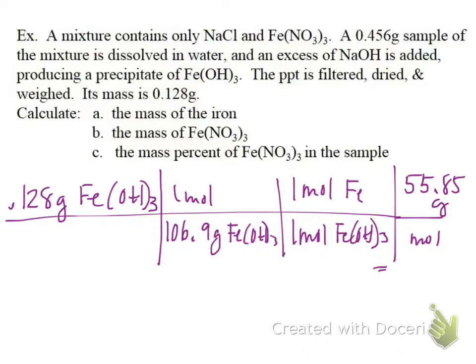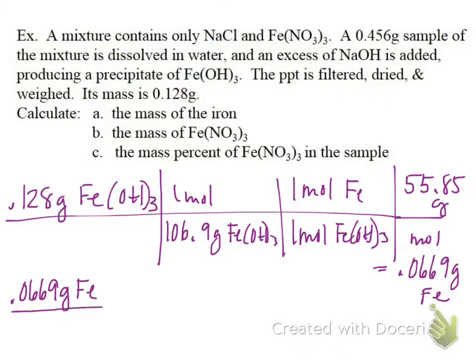That ends up giving us 0.0669 grams of iron. And so then we can say 0.0669 grams of iron.